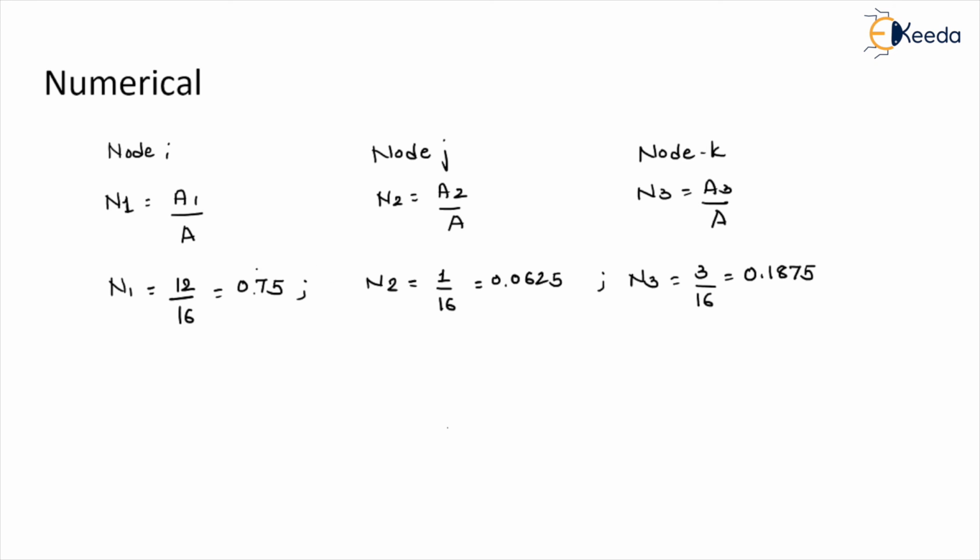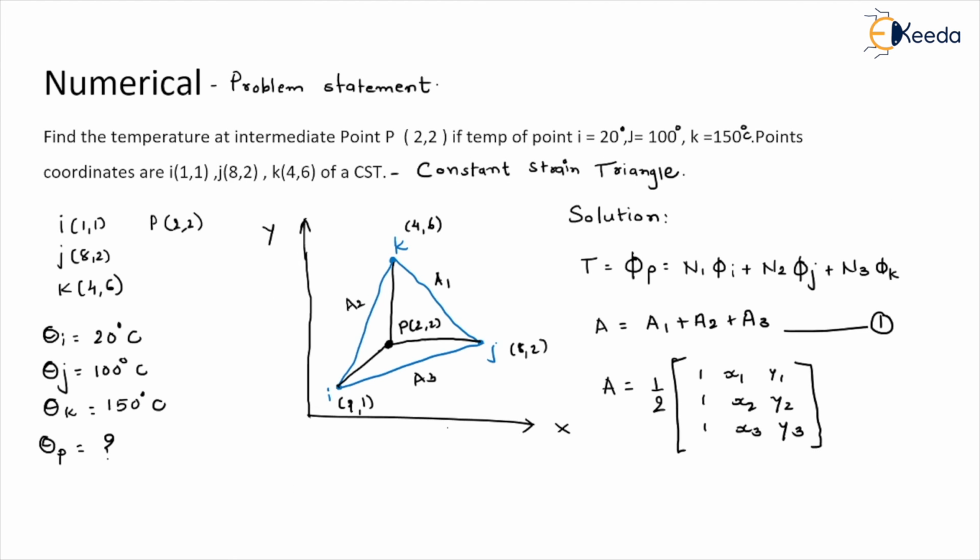Now, putting all these values in our main equation, this is our main equation. Putting all the values of n1 and theta 1, theta I, theta j and theta k, we already know. We have found out the values of n1, n2 and n3 now. So we can put the values.